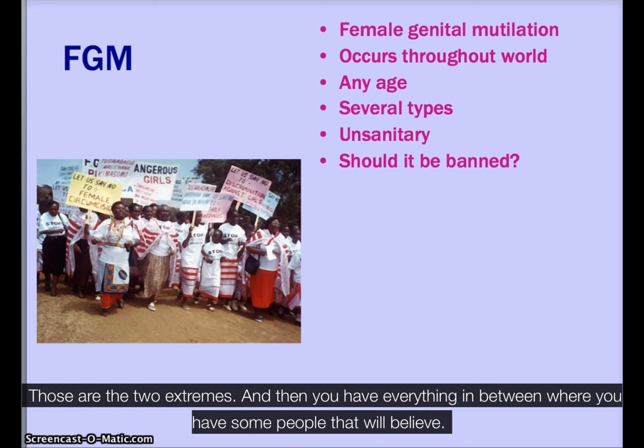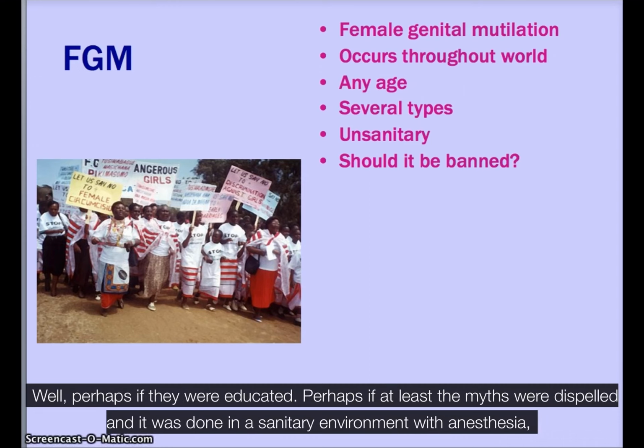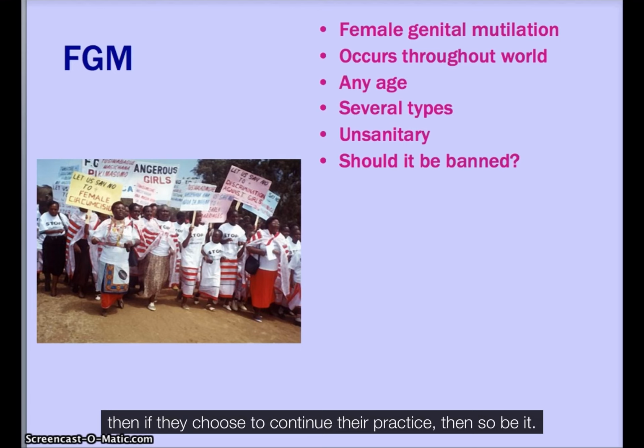And then you have everything in between, where some people will believe, well, perhaps if they were educated, perhaps if at least the myths were dispelled and it was done in a sanitary environment with anesthesia, then if they choose to continue the practice, so be it. So then it becomes more of a voluntary practice.